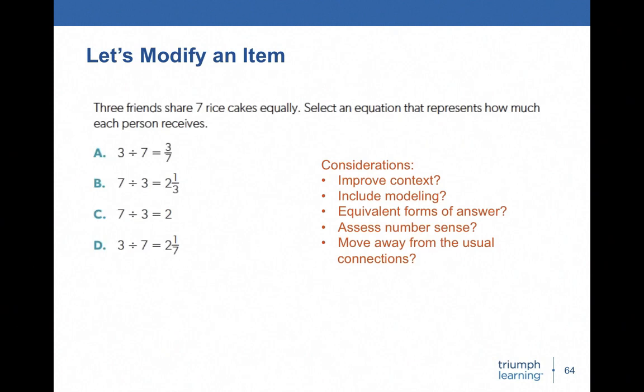This is a great time actually to create a multi-select item of one sort or another. And fourth, assessing number sense is a great way to get at whether students are just manipulating symbols or not. Remembering the example we did about comparing sleep times, that's a good example of a number sense item. And lastly, try to stay away from the worn-out connections that students usually see.